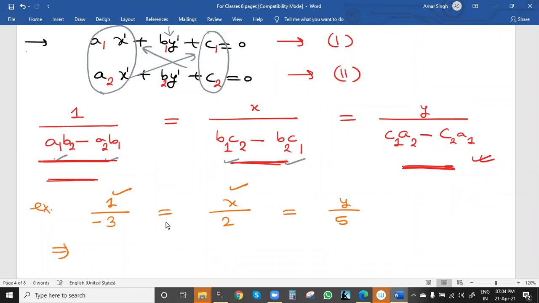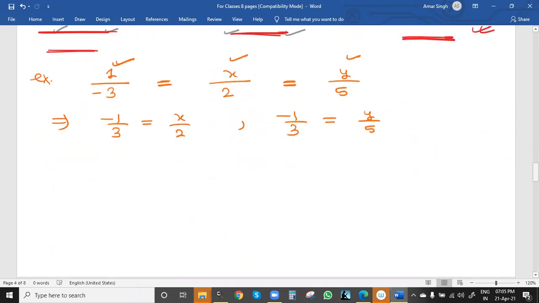So this becomes minus 1 by 3, because the minus goes up, equal to x by 2, and we equate this value with y by 5 also to get the y value. So minus 1 by 3 equal to y by 5, because all are equal to each other. From here we get the x value: x will be equal to minus 2 by 3, and y will be equal to minus 5 by 3.